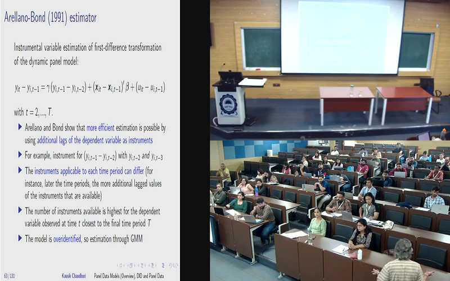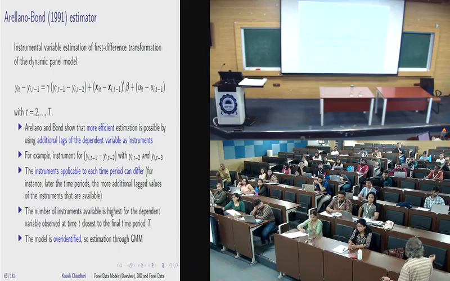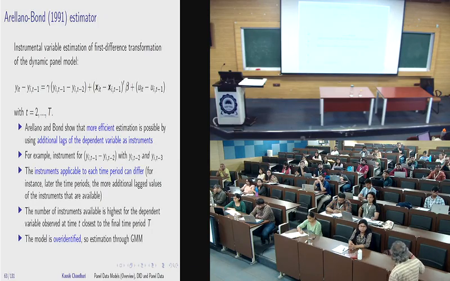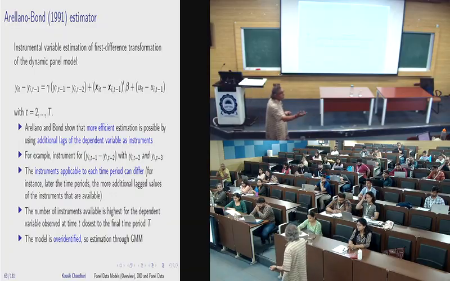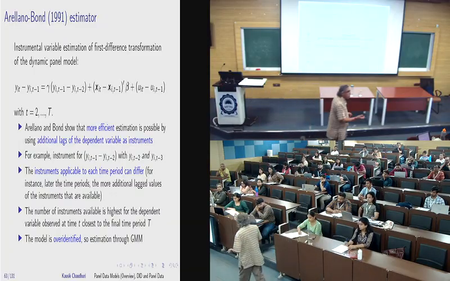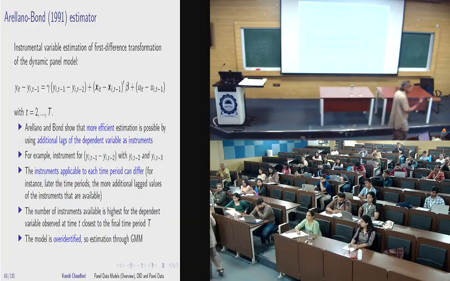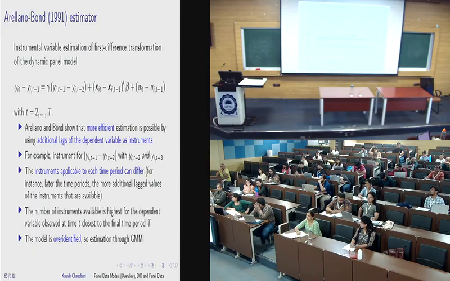What is the orthogonality condition? The lag of those variables with the lag of the error term must have covariance equal to 0. So you can use xit minus j transpose uit minus j as long as that's equal to 0. And it is more efficient simply because you are exploiting the variance that comes from imposing the additional moment restriction.